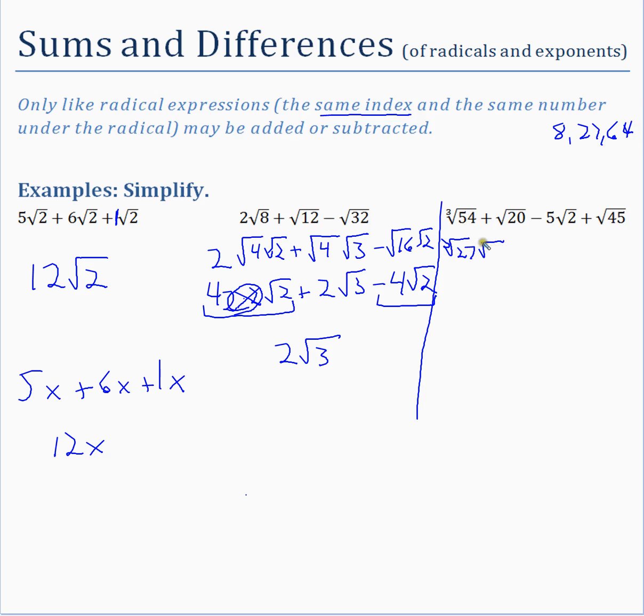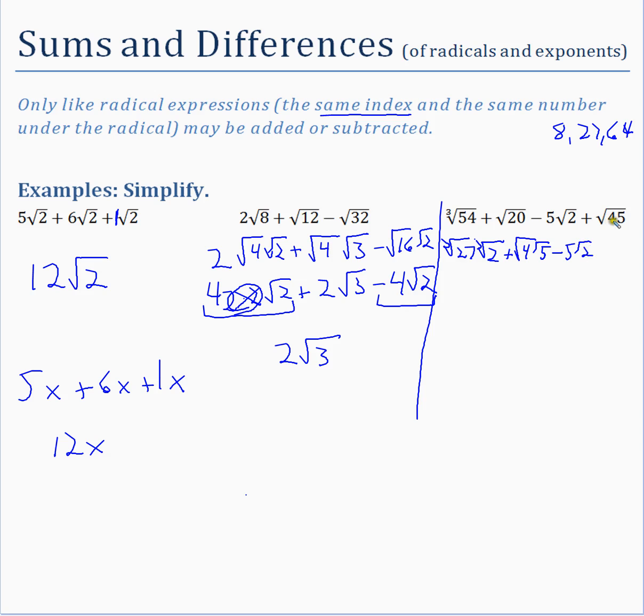Well, 2 times the cube root of 2. And then 20, are there any perfect squares in 20? Well, 4 goes into that, so square root of 4 times the square root of 5. We can't simplify the square root of 2, so it's just minus 5 root 2.